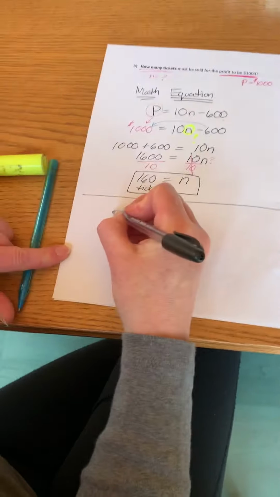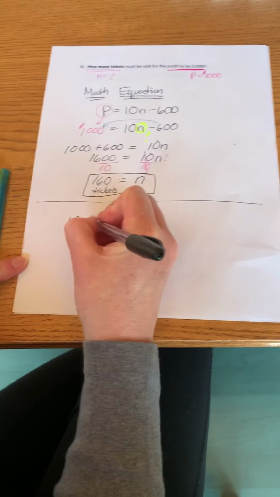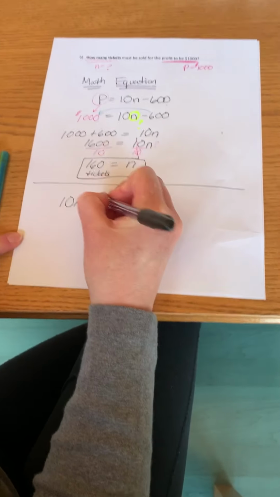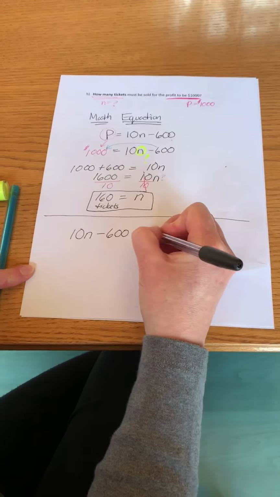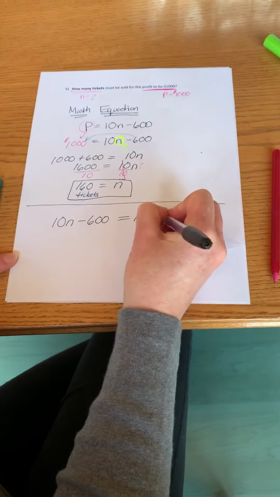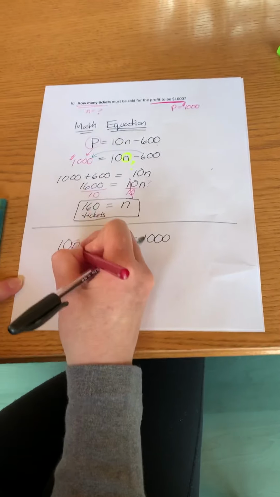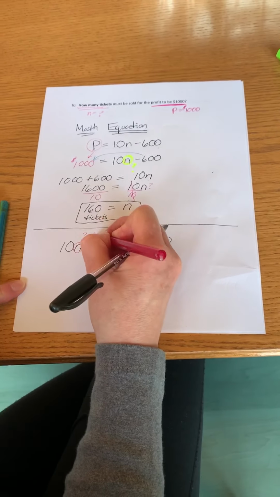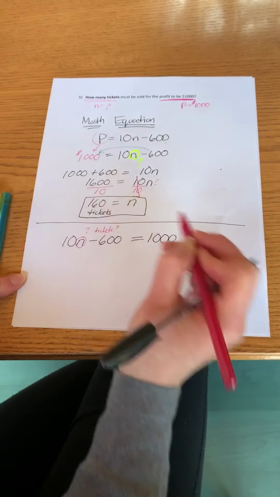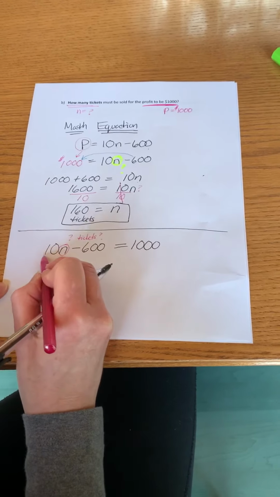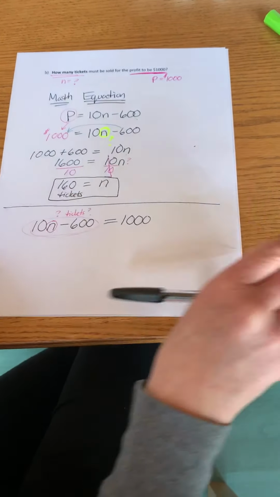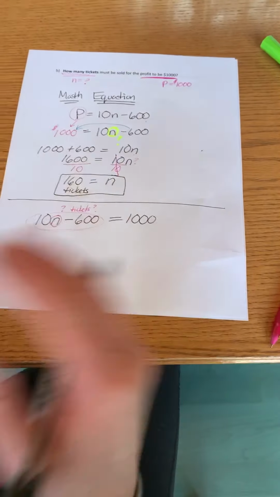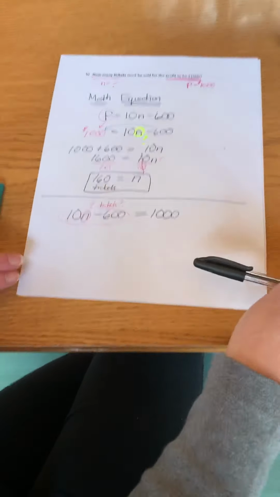So 10 times the number of tickets minus 600 has to give us $1,000. We're trying to figure out how many tickets would give us this. Well, we know this whole thing has to equal $1,000, so we could just try some different values.